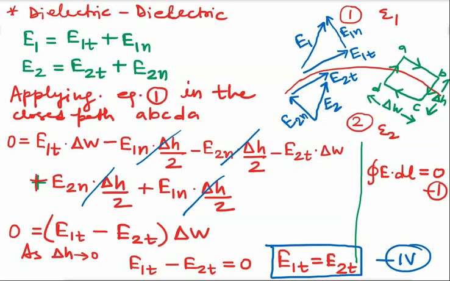So at the boundary, the condition of electric field has been derived: at the boundary separating two dielectric mediums of different dielectric strengths, the tangential components of the electric field are the same on the two sides of the boundary.